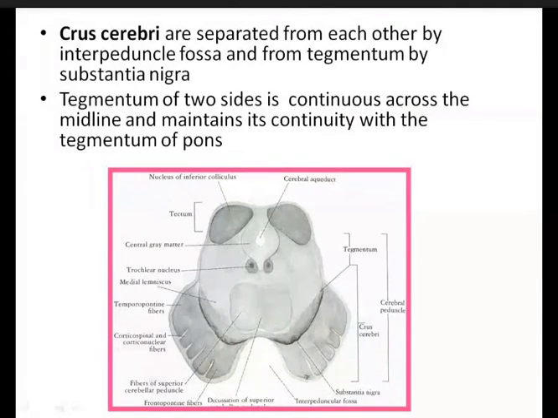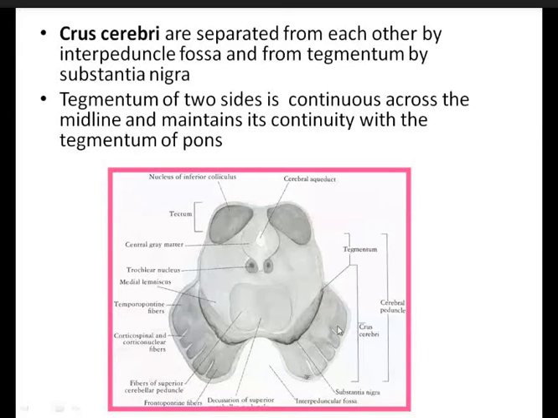The crus cerebri are separated from each other by the interpeduncular fossa, and from the tegmentum by the substantia nigra, as I discussed right now. The tegmentum of the two sides is continuous across the midline and maintains the continuity with the tegmentum of the pons.